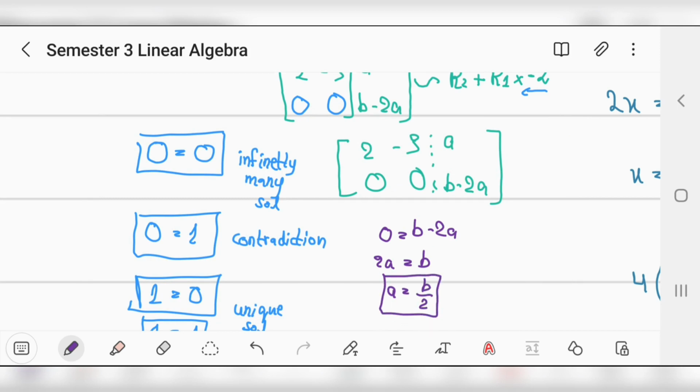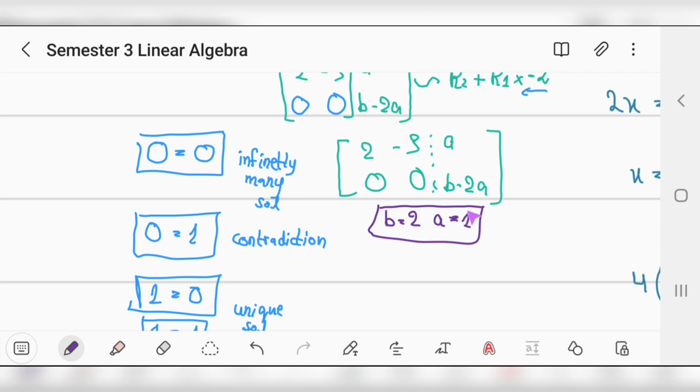So if I put 2 in here, if b is equal to 2 and a is equal to 1, then we can have infinitely many solutions, because it would make the whole row 0.